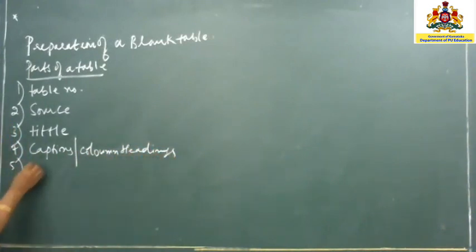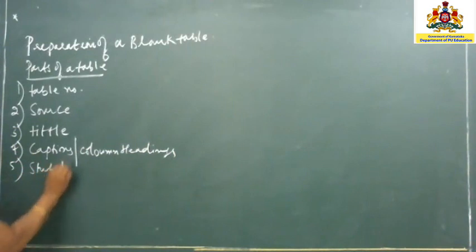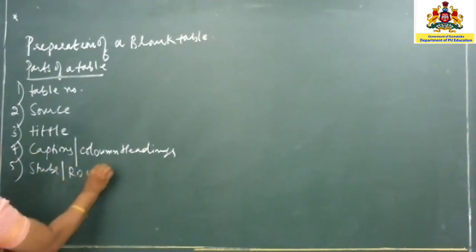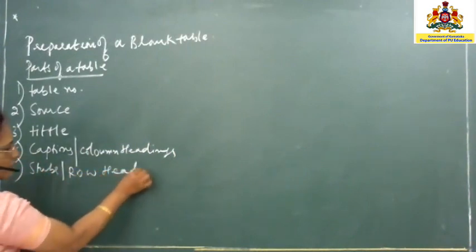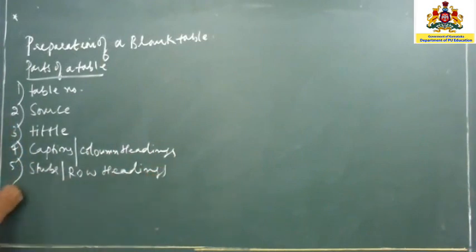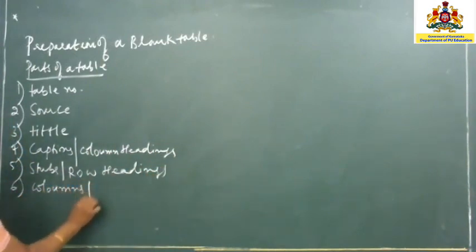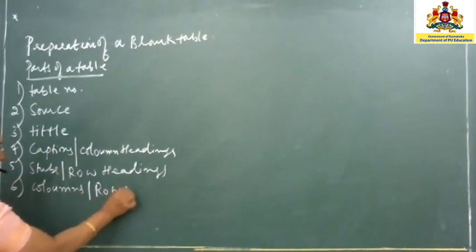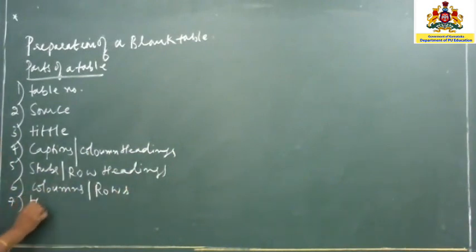Fifth one you have stubs, otherwise you call it row headings. So obviously that means you will be having certain columns and rows. Now after that you have head note and footnote.